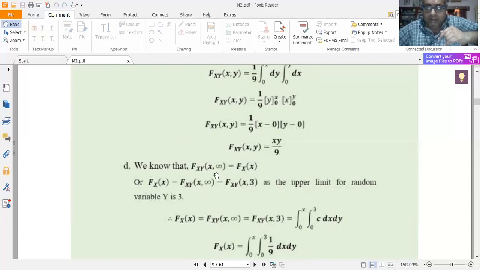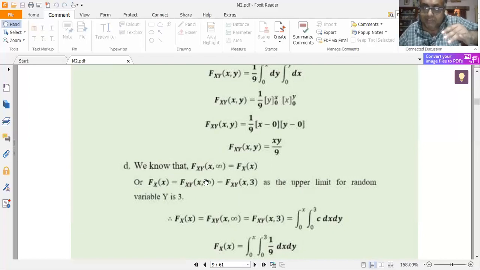By definition, as we saw in the previous lecture, capital Fx of x is equal to Fxy of x comma infinity. Now infinity is the upper limit, minus infinity corresponds to the lower limit. In the general definition, minus infinity would be the lower limit, plus infinity would be the higher limit.